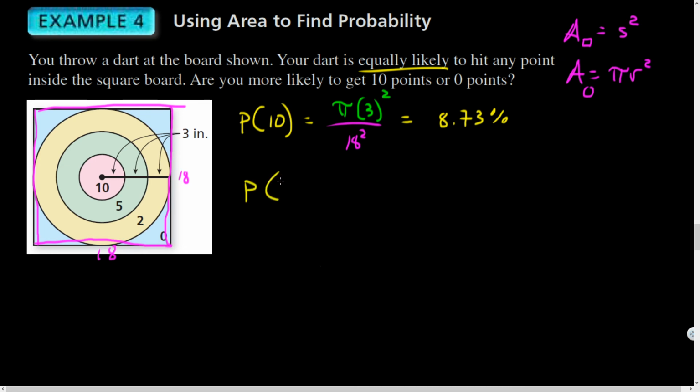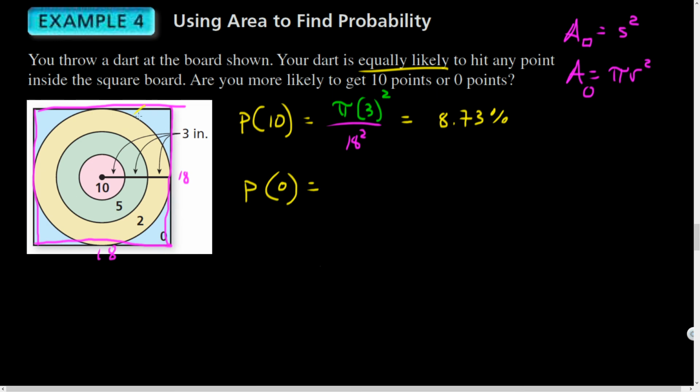Now the probability of... What's the other one? 0? Now this one is going to require me to do some fancy geometry. So, oh, I could use a complement. That's interesting. This actually works a couple different ways.